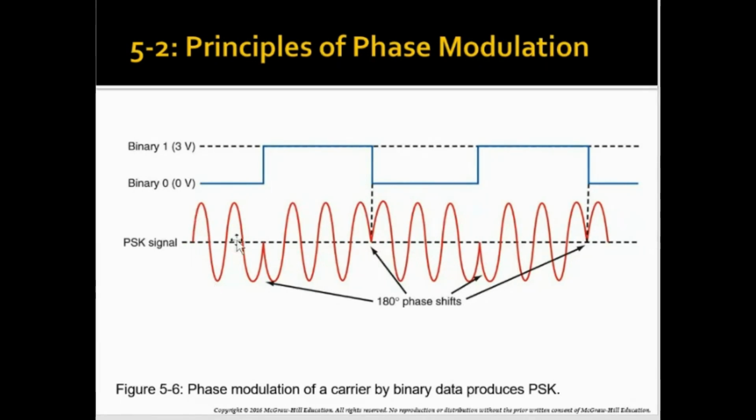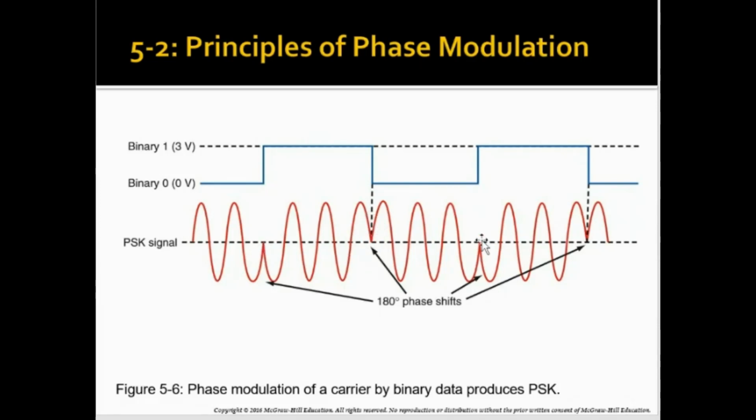So you have your carrier frequency. Of course, the frequency across the whole modulated signal is constant. When there is a sudden change in your amplitude, you have a sudden change in your phase.